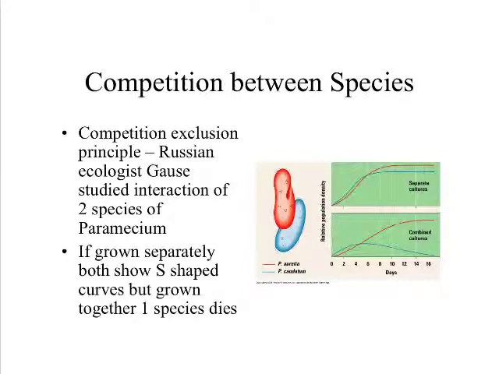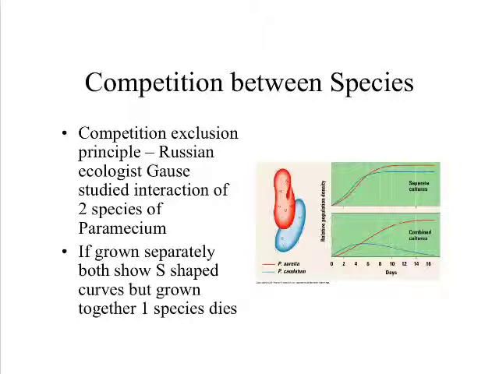Here's a little study on competition that a Russian ecologist performed. He basically studied the interaction of 2 species of paramecium, so little single-celled organisms. Now, if grown separately, these 2 paramecium survive and thrive just fine. In fact, they both show that basic S curve, that logistic growth curve that we saw in the last lecture.